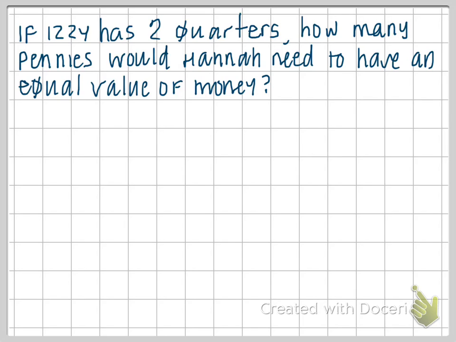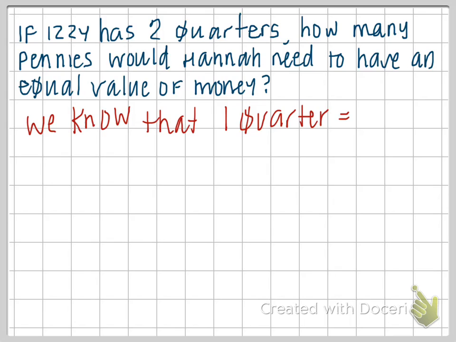So we're going to look at the same problem as though we don't know the answer. What we do know is that 1 quarter equals 25 pennies. We can express this as a conversion factor.